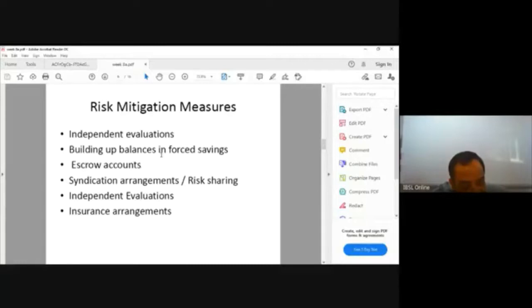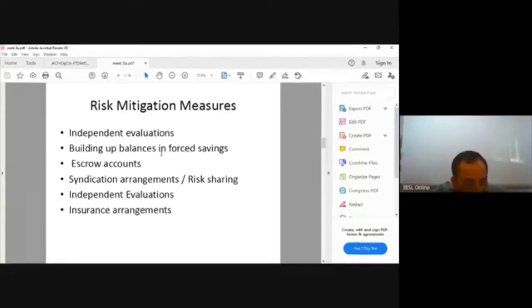Also, loan recoveries they will arrange. They will have an account to which the funds come, and then they will distribute among the banks. So for all these services, the lead arranger will have a higher fee income. They will charge a fee to the customer for arranging all these things.